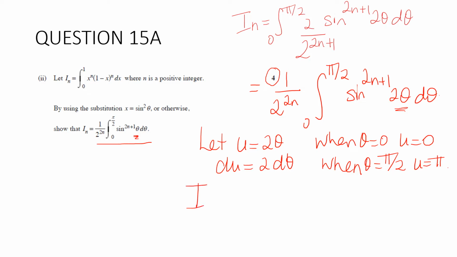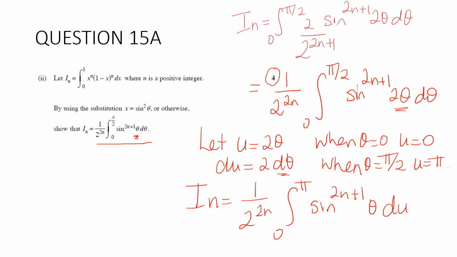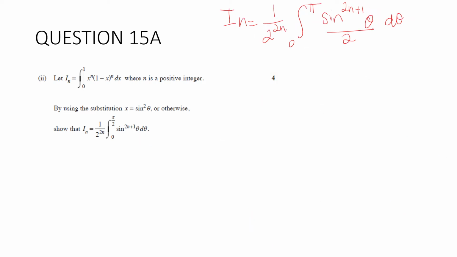I n is going to be equal to 1 over 2 to the power of 2n, integral between 0 and pi of sine to the power of 2n plus 1 u, and instead of d theta we will have du divided by 2, which equals 1 over 2 to the power of 2n plus 1 integral between 0 and pi of sine to the power of 2n plus 1 theta d theta.